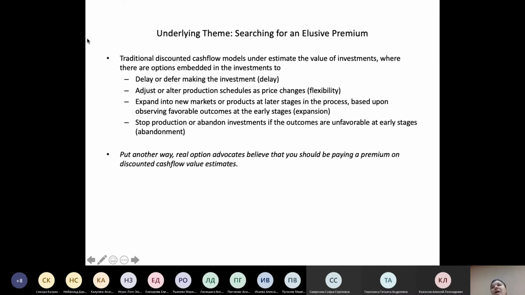For example, our company has an opportunity to expand into new markets or products at later stages, based upon observing favorable outcomes at the earlier stages, expansions. And as an example of expansion, I'd like to present the following example.